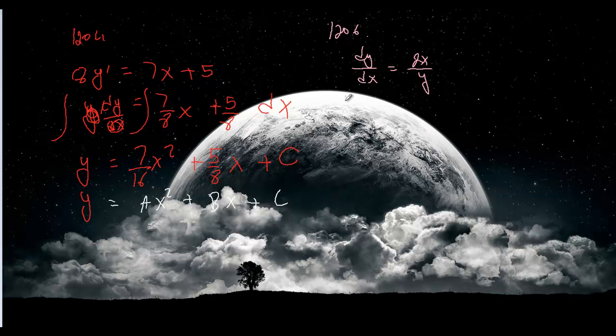So we're going to just get y dy dx is equal to 2x. Now let's get rid of this dx on the left hand side and bring it to the right hand side. So we're going to just get y dy is equal to 2x dx.